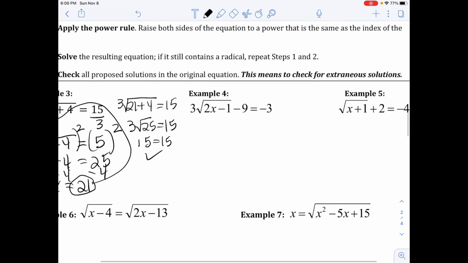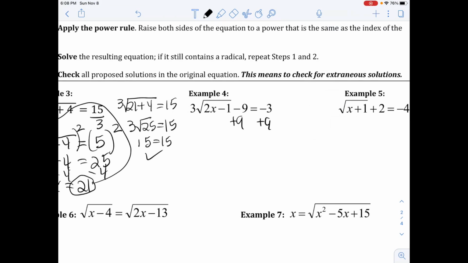Example 4. You're going to do the same thing you did in example 3. You're going to get it all by itself. So we're going to get 3 root 2x minus 1 equals 6. We're going to divide by 3.